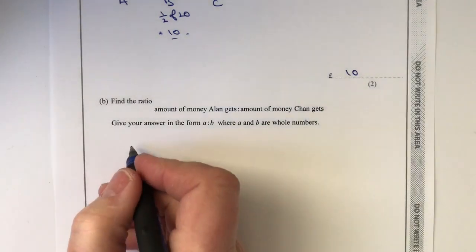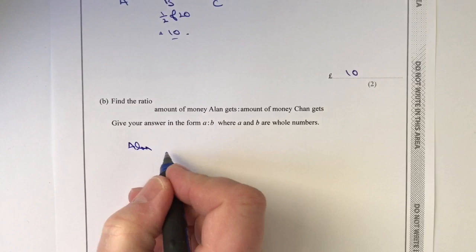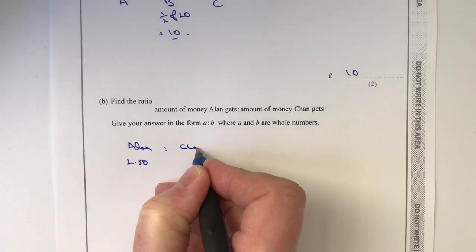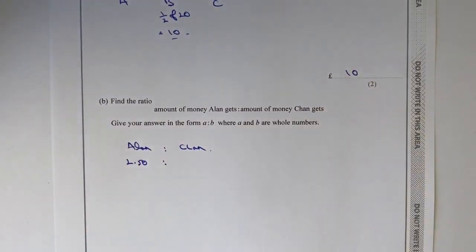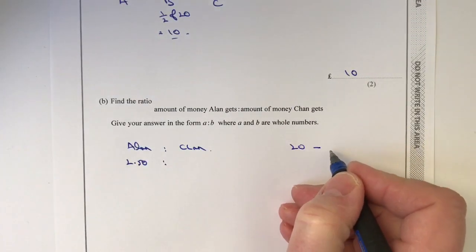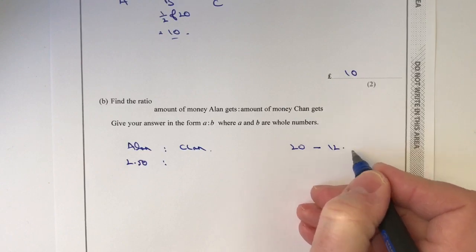So we've got Alan. We're told that Alan gets £2.50, so we're okay with that one. And then we've got to work out Chan. The difficulty with Chan is that we don't quite know, but we do know that there's £20 altogether, and we've got to take away £12.50.